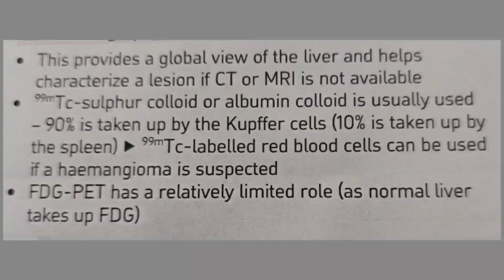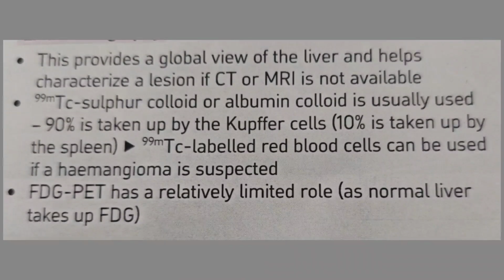Technetium-99m sulfur colloid or albumin colloid is usually used. 90% is taken up by the Kupffer cells and 10% by the spleen. Technetium-99m labeled red blood cells can be used if a hemangioma is suspected, so this will pick up any suspicion of hemangioma.